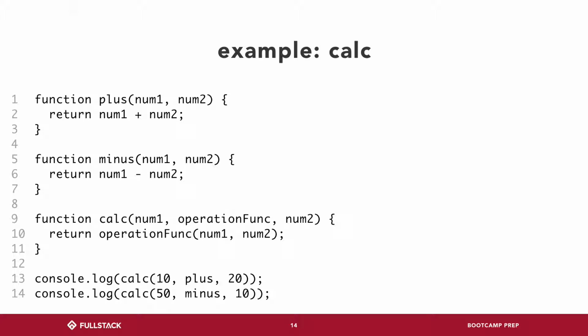I'm just kind of confused how you don't need to put anything next to plus in the console log. Because you're not really calling it. Since you're not calling it, you're just passing it as a value.